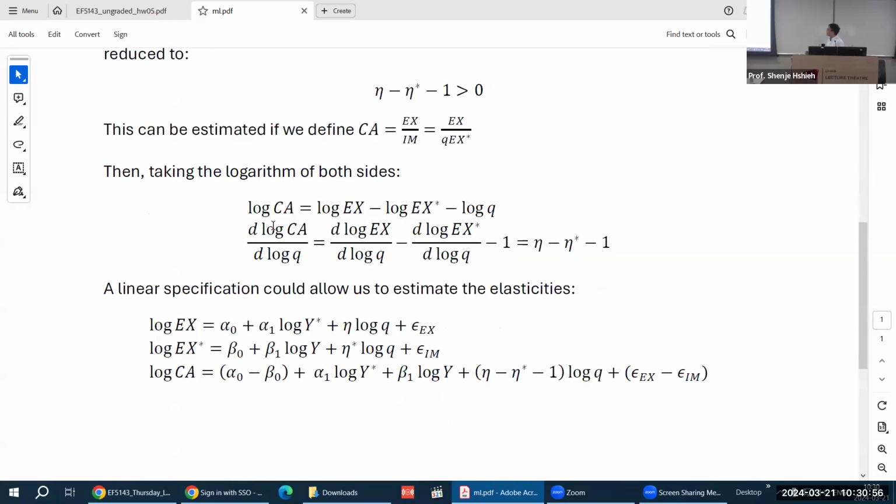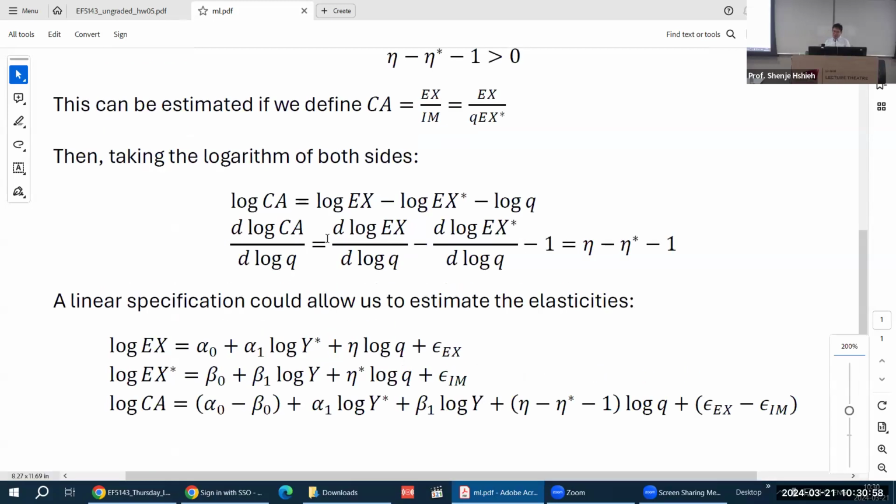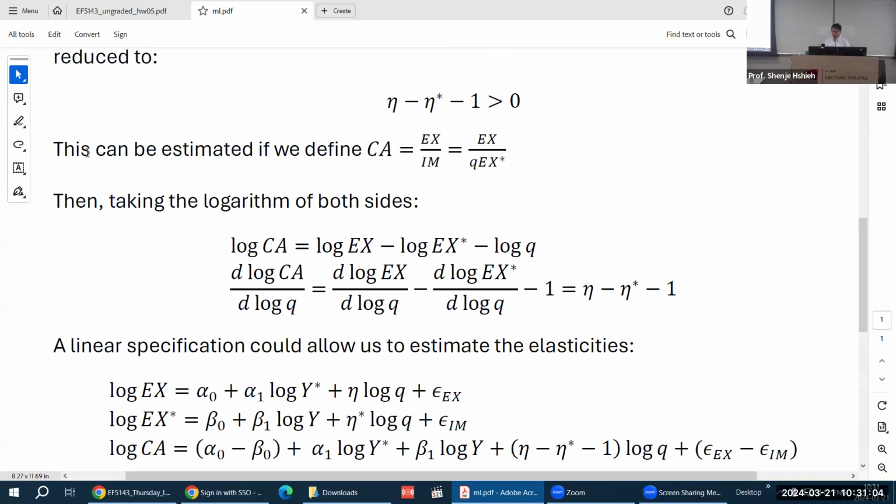So, as mentioned before, we can do things in terms of logs, right? If you work with logs, things get much easier to interpret. So imagine if we write the current account, not in terms of a difference, but in terms of a ratio. We take the log of both sides, and therefore we can rewrite everything in such a fashion, right?